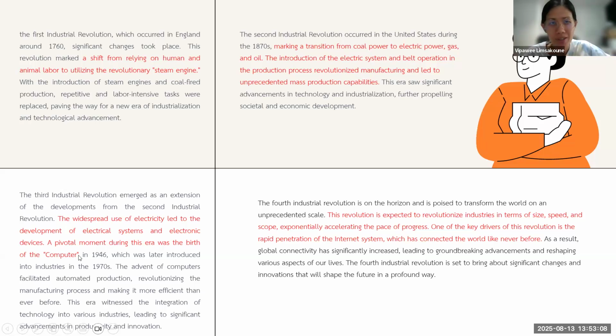Okay, like computer, and I would say phone as well. Then the fourth one is regarding improving the process of manufacturing, internet system. Okay, so that's the global industrial revolution.